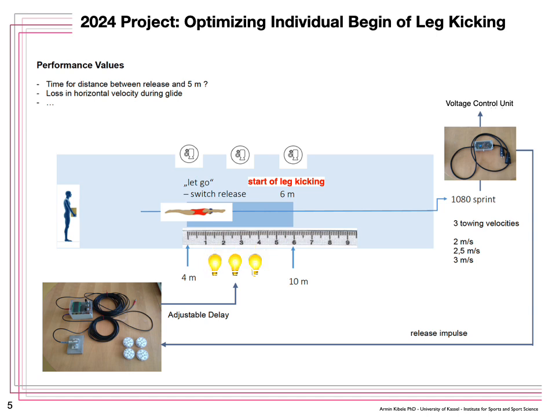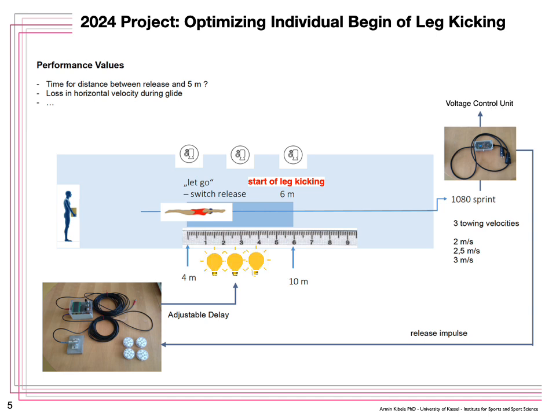After a pre-selected period of time, the control unit sends electronic pulses to the underwater bulbs, which light up at the pre-selected frequency. The subject's task is to glide until the bulbs start flashing and then perform leg kicks at the frequency provided by the lights.